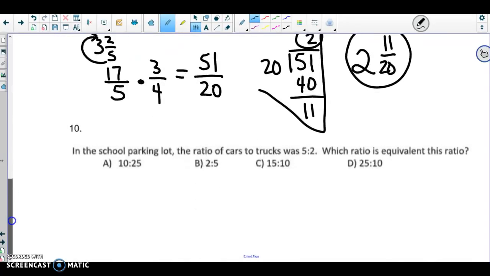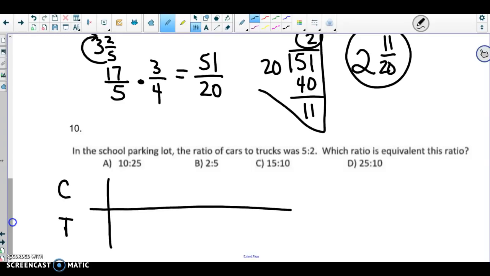Then number 10, in the school parking lot, the ratio of cars to trucks was 5 to 2. Which ratio is equivalent to this ratio? Well, same type of thing as what we did up there. Maybe it'll be easier if I do it this way. So we have cars and we have trucks. It's 5 to 2. And we're checking to see if 10 to 25 is the same.